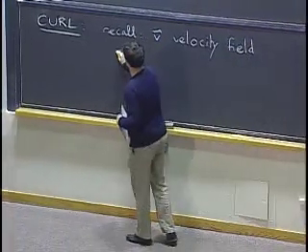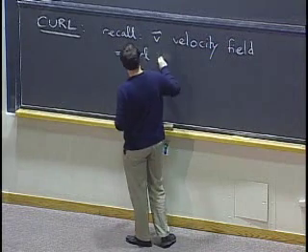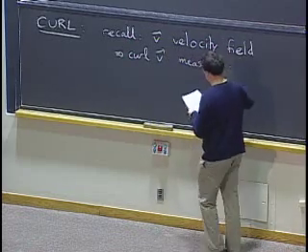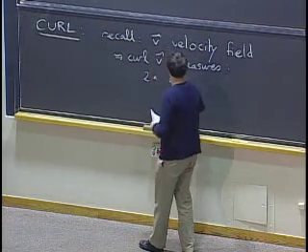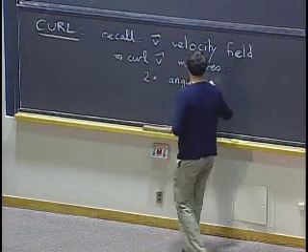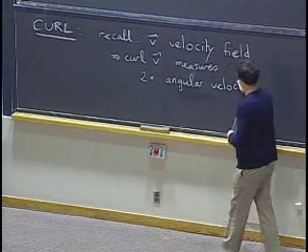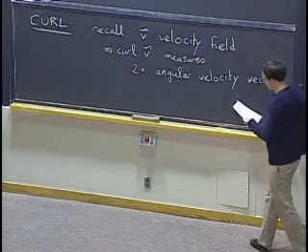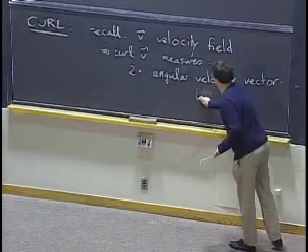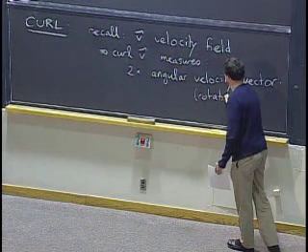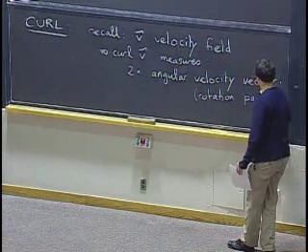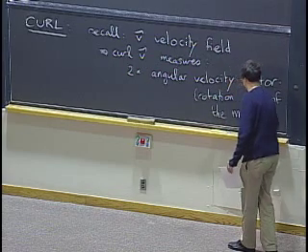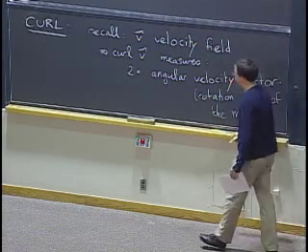More precisely, curl V measures twice the angular velocity, or maybe I should say the angular velocity vector, because it also includes the axis of rotation, for the rotation part of the motion.